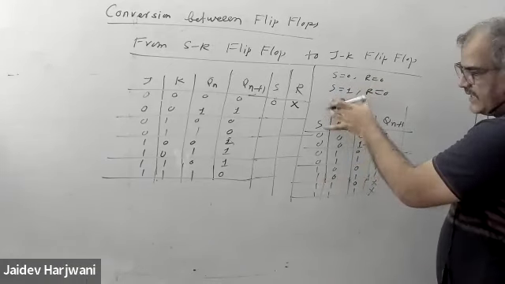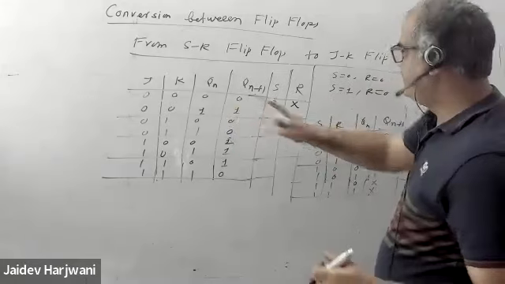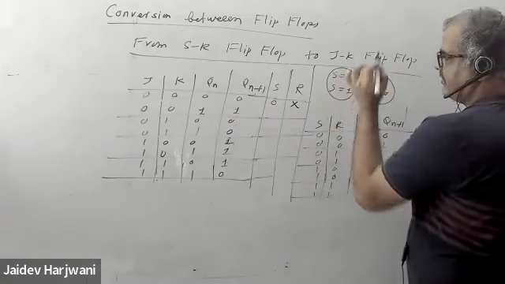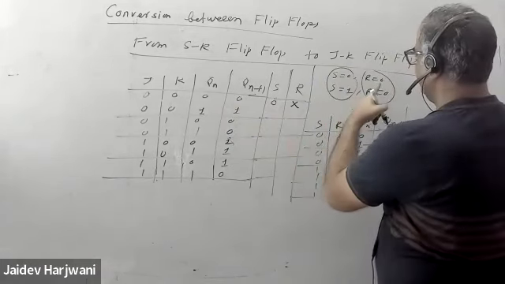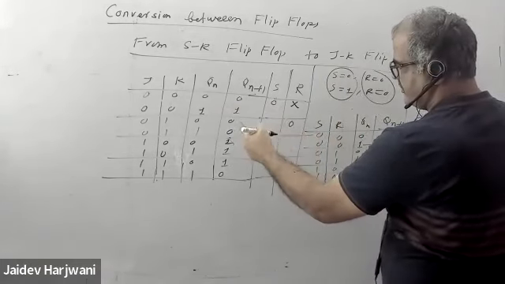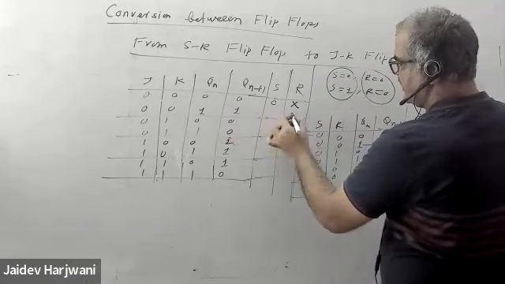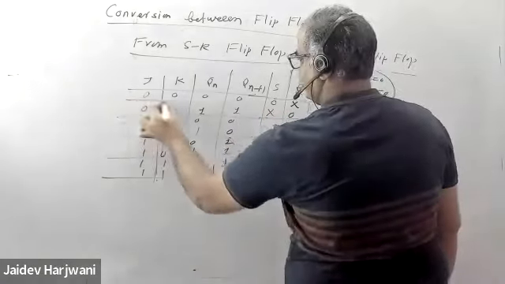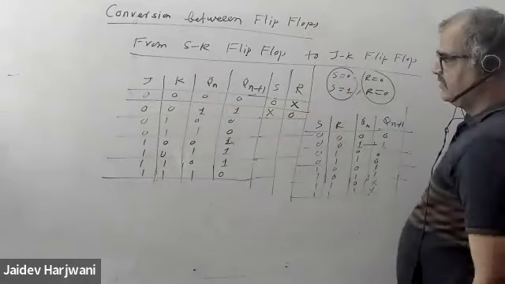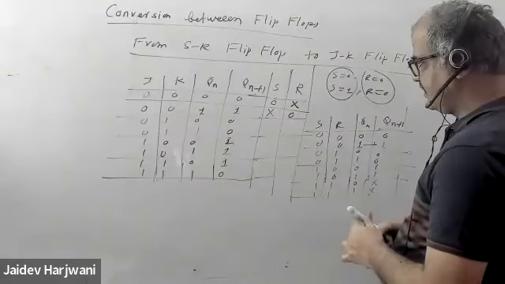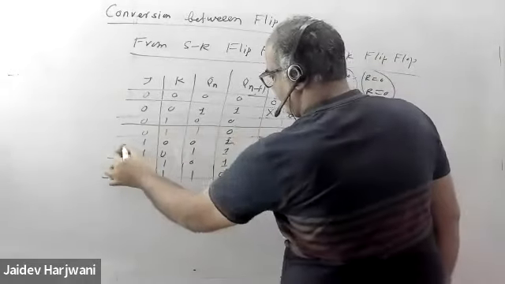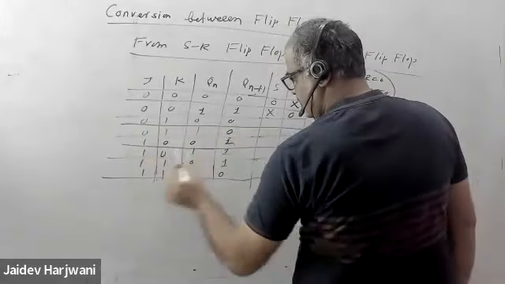So for this parameter you can also have 1, 1. That means now your R is fixed at 0 and S is varying. So you write R as 0, and S as a don't care, varying, so you put one line here. So this is your one term. Now similarly you can fill the other entries also.